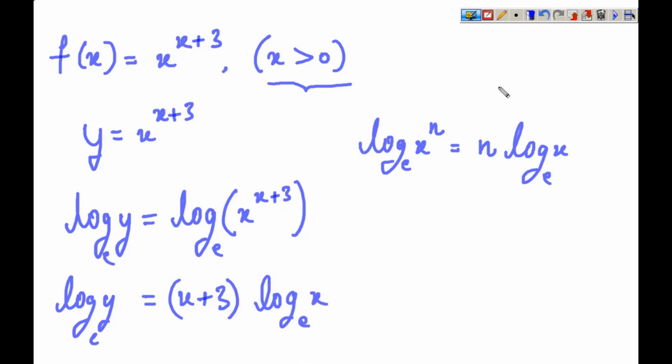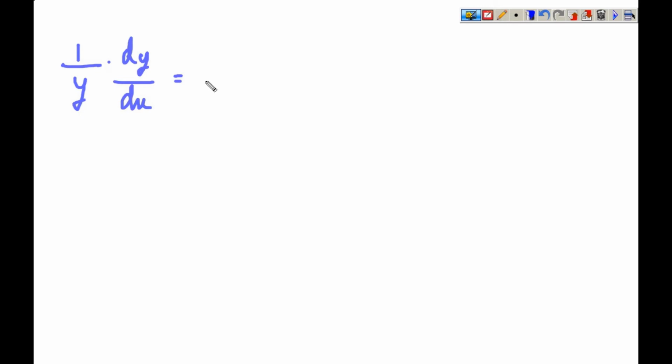Once we do that, we can differentiate both sides with respect to x. We get 1/y times dy/dx, due to the chain rule, equals 1 times log x plus 1/x times (x + 3).